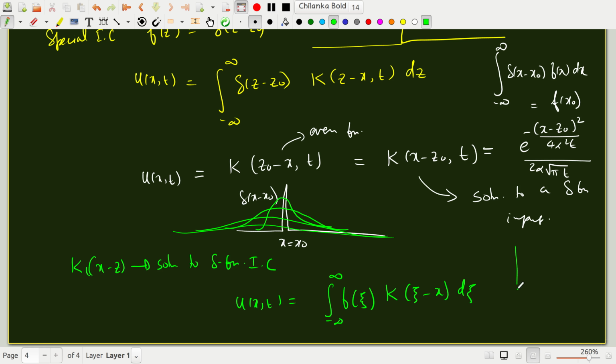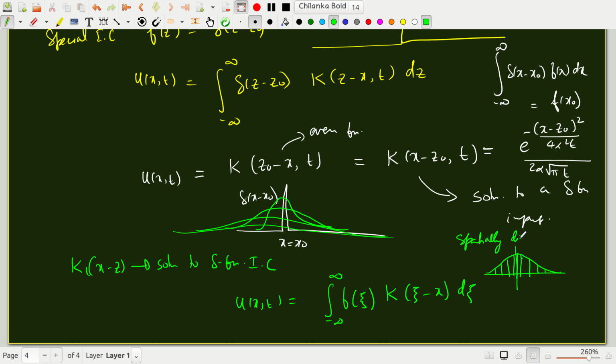If I have an arbitrary initial condition like this, I can think of it as a collection of delta functions. The forcing for each will be f of zeta times d zeta, and the solution for that initial condition is f of zeta d zeta times k of zeta minus x. So you have to sum up all the contributions due to various points.